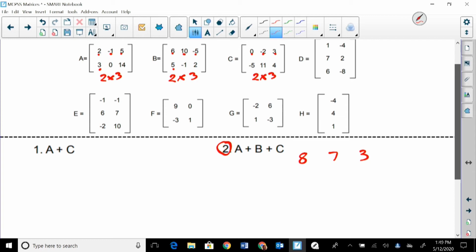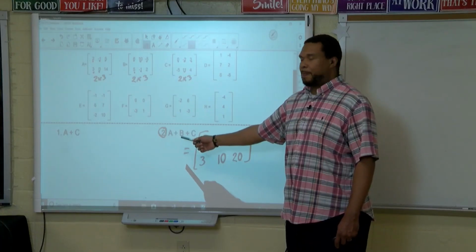Plus -5 is 3. 0 plus 1, -1 is -1, plus 11 is 10. 14 plus 2 is 16. Plus 4 is 20. So this is our resulting matrix when we add matrix A plus B plus C.